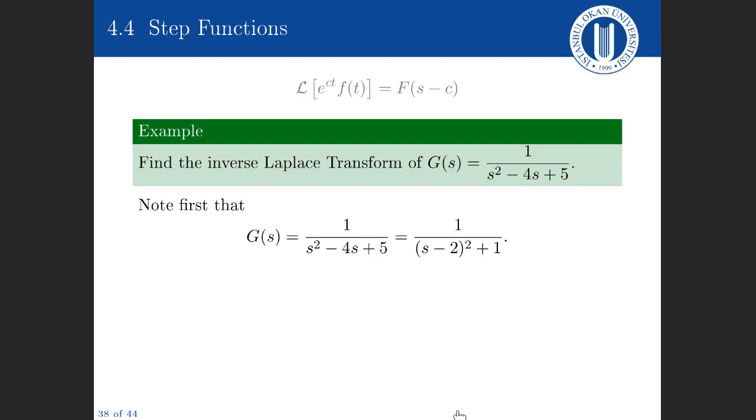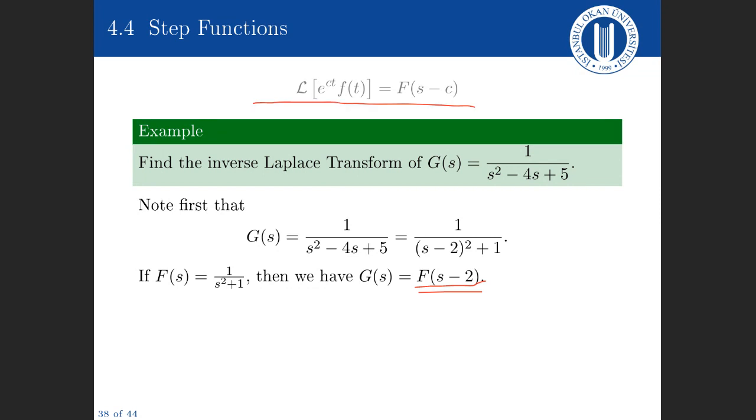And then we're going to use the formula at the top. If capital F is 1 over s squared plus 1, then we have that capital G is capital F at s minus 2. We want to calculate the inverse Laplace transform of capital F at s minus 2. From the top, we know that that must be e to the power ct, small f at t.